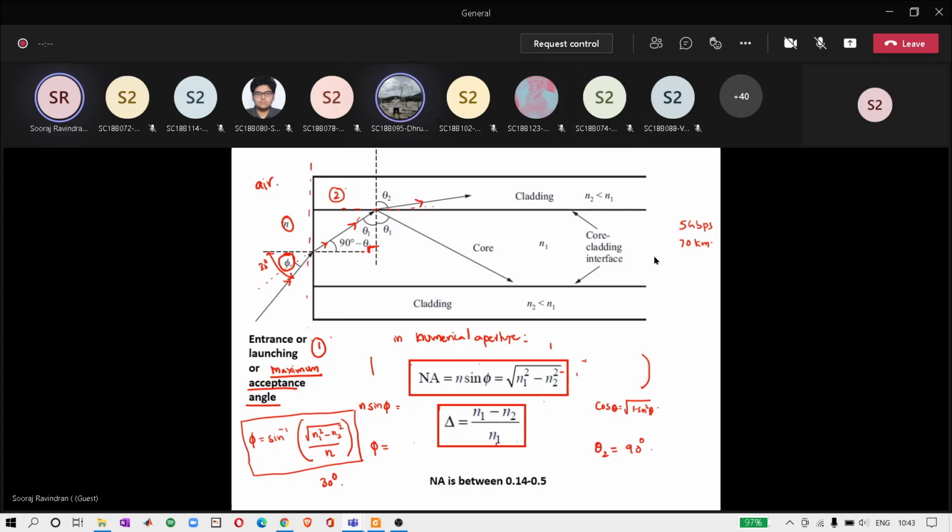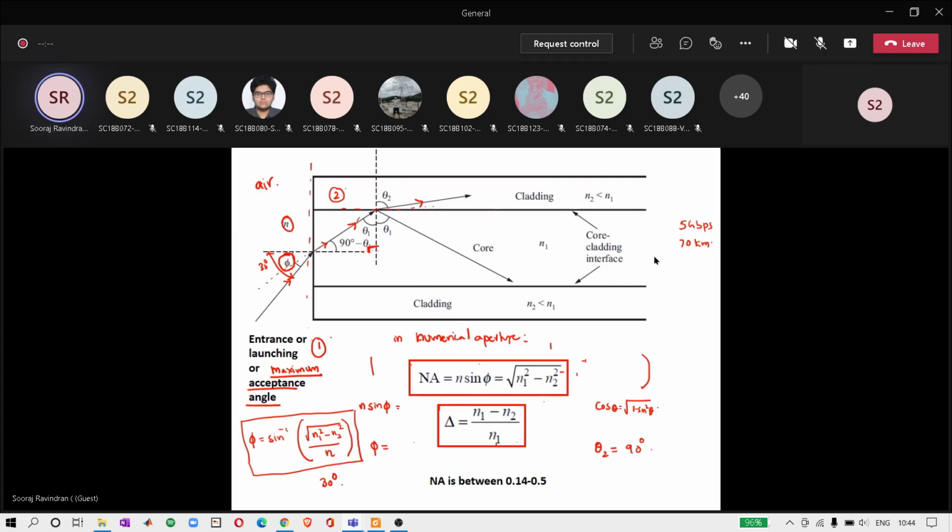So if you want to increase the numerical aperture of an optical fiber, the best way is to ensure that it has only core and no cladding. Cladding is just air. Then the optical fiber will have the largest numerical aperture. Though it sounds fancy in theory, practically it's not possible because you always need to have a material there. Otherwise, there will be a lot of losses and there are other practical difficulties.